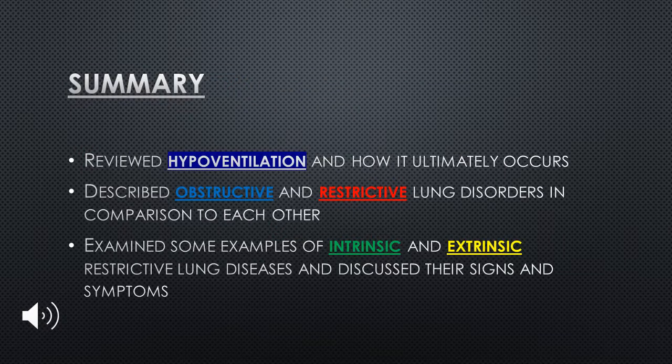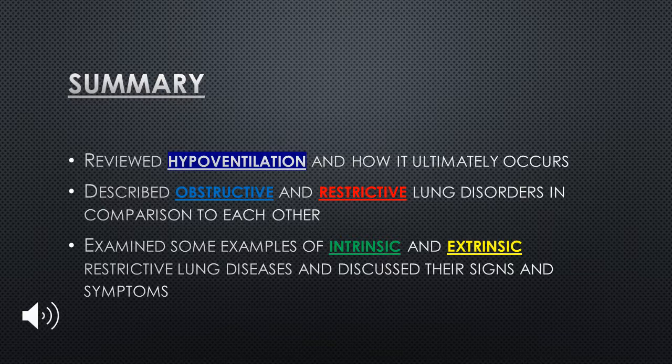Okay, so in summary, and it's good we're here now because we're just a little bit over 20 minutes, so sorry for that. We went over hypoventilation, which is basically due to an inadequate respiratory rate and or inadequate respiratory volume. So really what we talked mostly about was inadequate volume. Speaking of that, we talked about how you can have obstructive lung disease or restrictive lung disease.